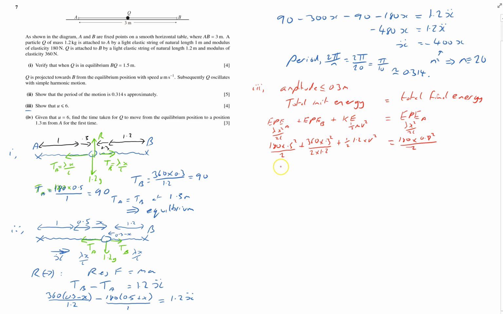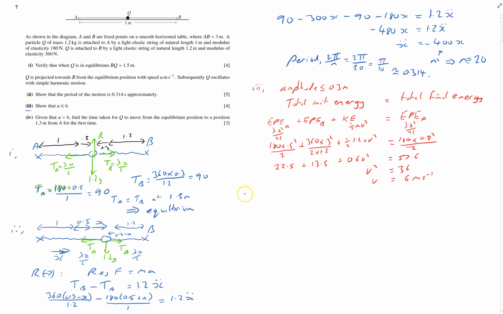If I multiply this out, that gives me 22.5 plus 13.5 plus 0.6 v squared equals 57.6, and that eventually gives me v squared equals 36, and so v equals 6 meters per second, and that's the maximum velocity, and that'll do.